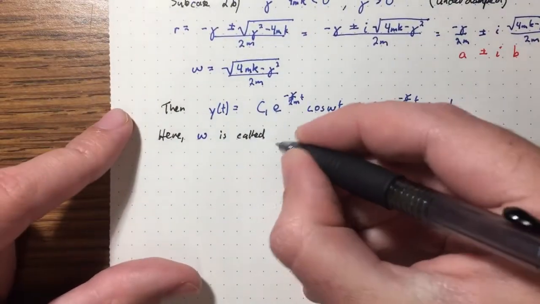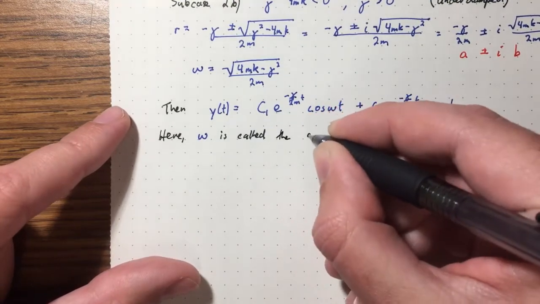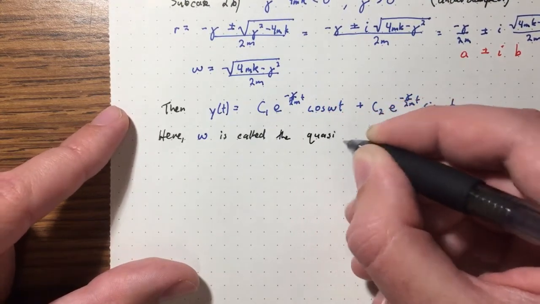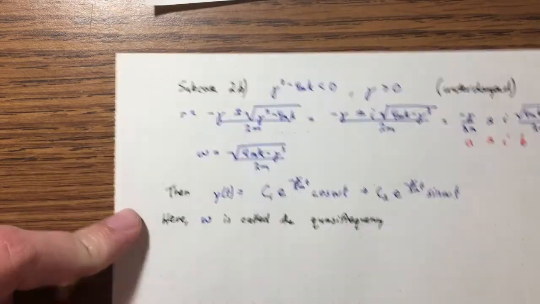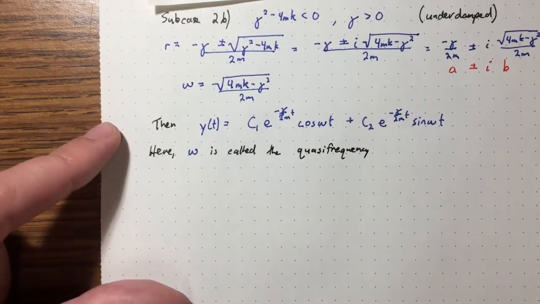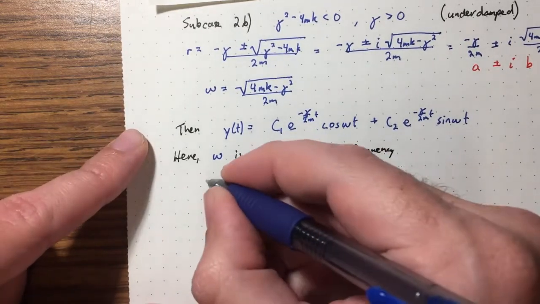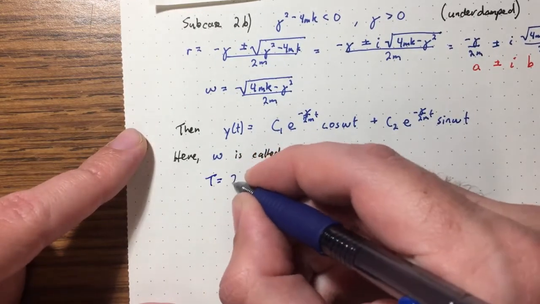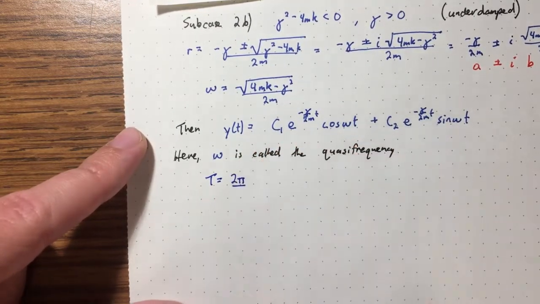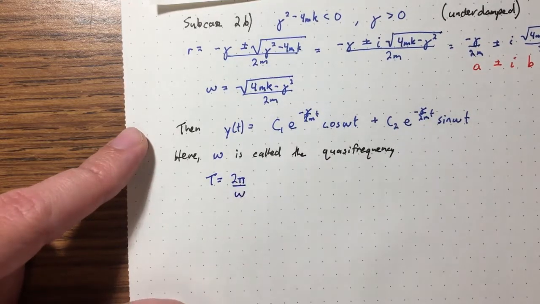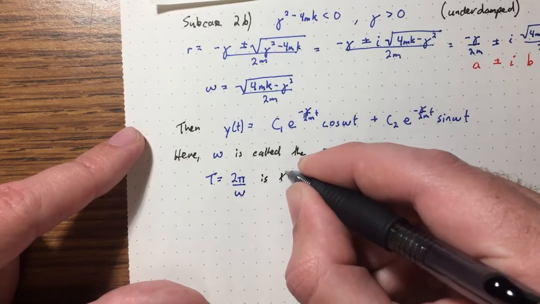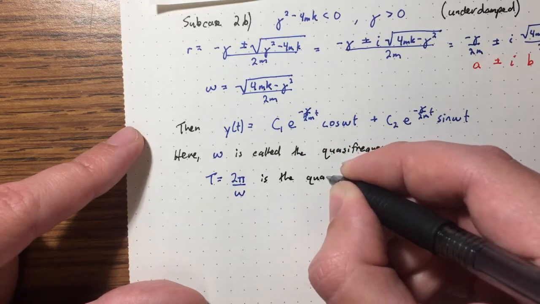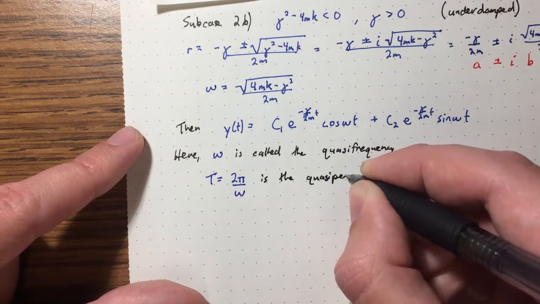So we actually call omega the quasi-frequency in this case. So when you see quasi-frequency, that's referring to this underdamped case. And then now you can probably really guess what T is called, 2 pi over omega. If omega is a quasi-frequency, then T is the quasi-period.